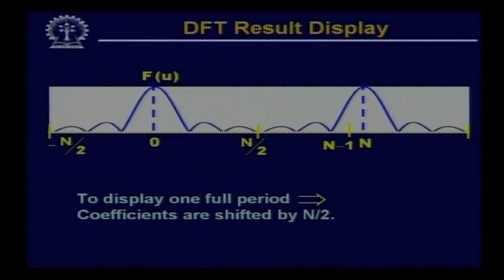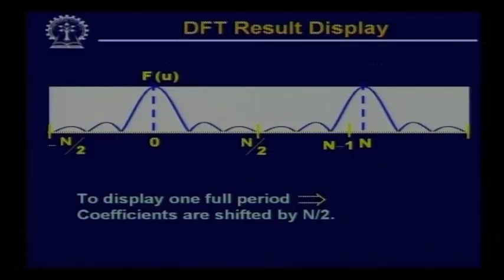Just by looking at this, the transform values from N/2 plus 1 to N minus 1 are nothing but the reflections of the half period to the left of the origin 0. But what we have done is, we have computed the Fourier transformation in the range 0 to N minus 1, so we get all the Fourier coefficients for u from 0 to N minus 1.